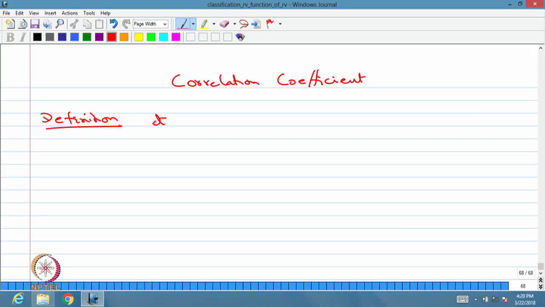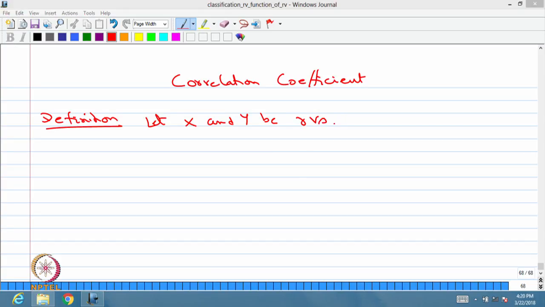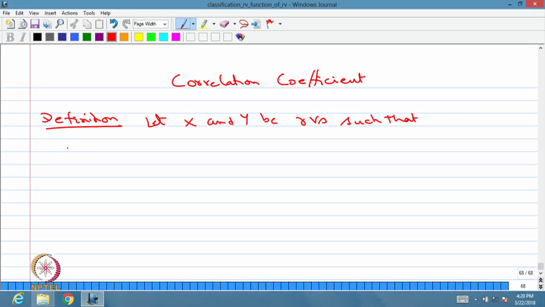Let x and y be random variables such that zero is less than variance of x is less than infinity, and zero is less than variance of y is less than infinity.